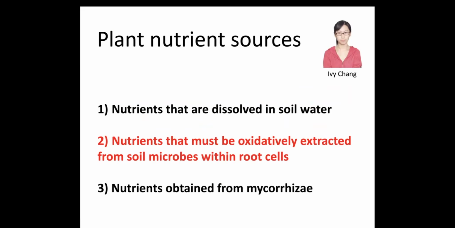Okay, it is logical that this is a nutrient absorption mechanism, another way to get nutrients. We know that plants get nutrients dissolved in soil water. They just absorb them. We know that plants can affiliate with mycorrhizae and get some nutrients from mycorrhizae.